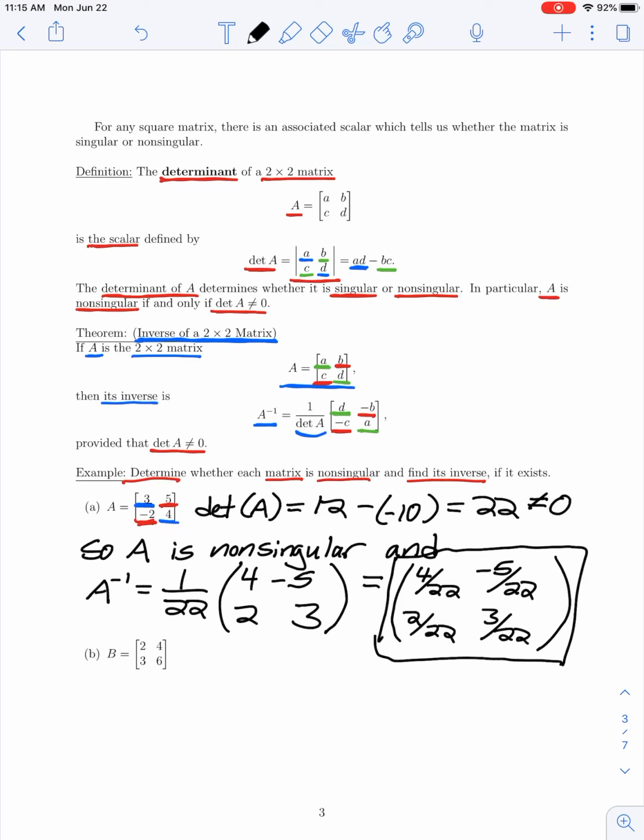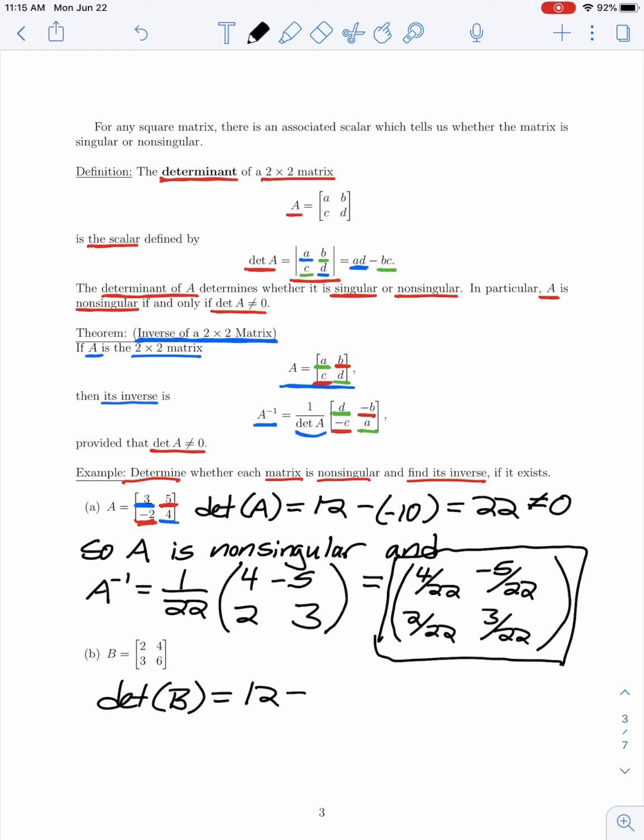So let's look at another one. In part B, we have the matrix B, 2, 4, 3, 6. So we want to know, first off, is it non-singular? Does an inverse exist? Looking at the determinant of B, the product of the diagonal entries would be 12.